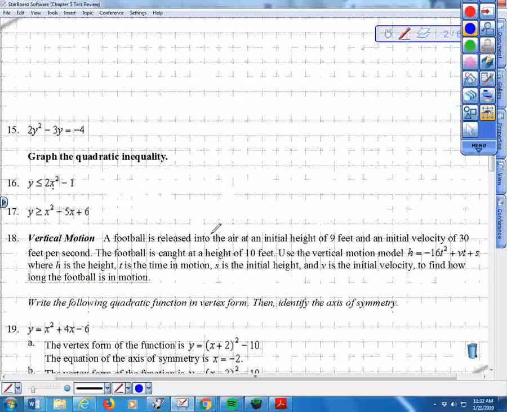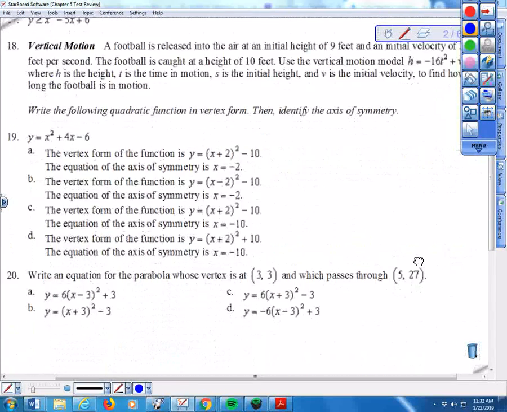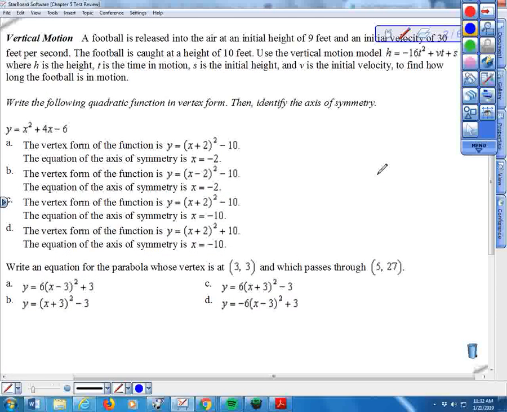All right, next problem, vertical motion. A football is released into the air at an initial height of 9 feet and an initial velocity of 30 feet per second. The football is caught at a height of 10 feet.